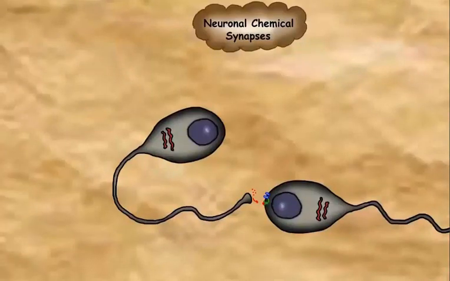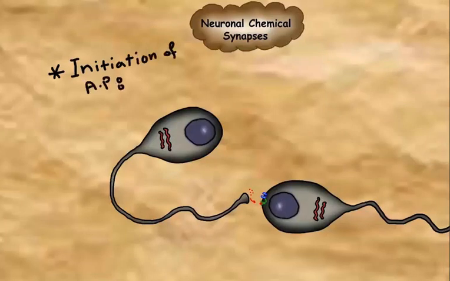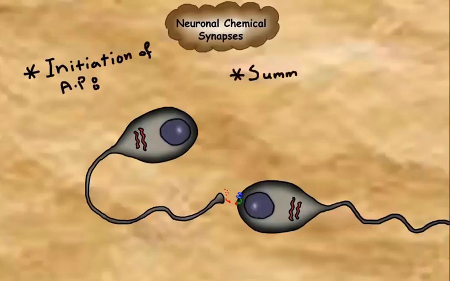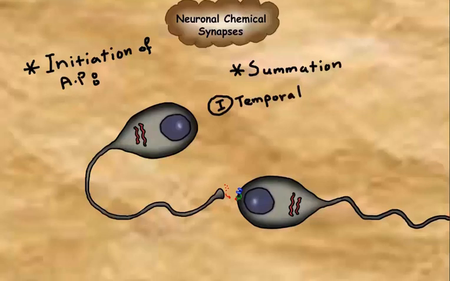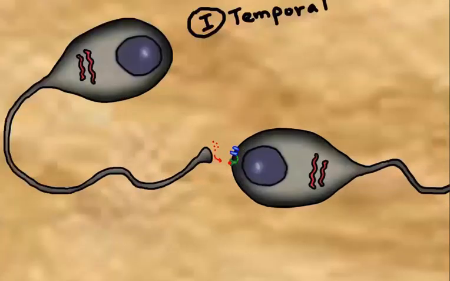Now let's look at how the action potential is initiated in the post-synaptic neuron. Action potential is initiated via the summation of many local potentials, and there are two types of summation. First off, temporal summation, in which a repetitive stimulation to the post-synaptic neuron occurs over a period of time.